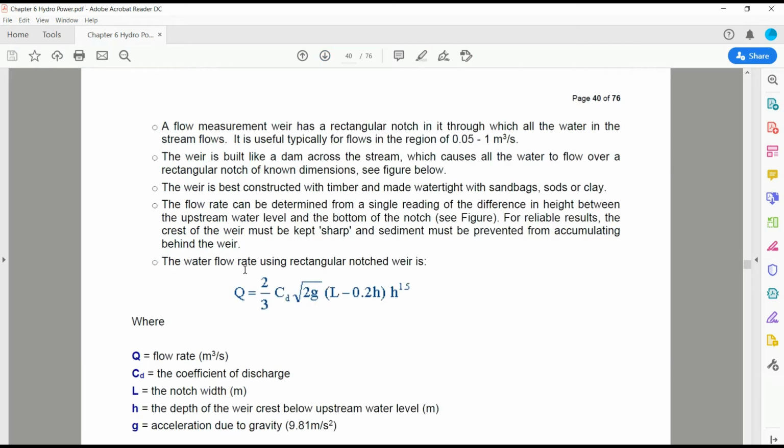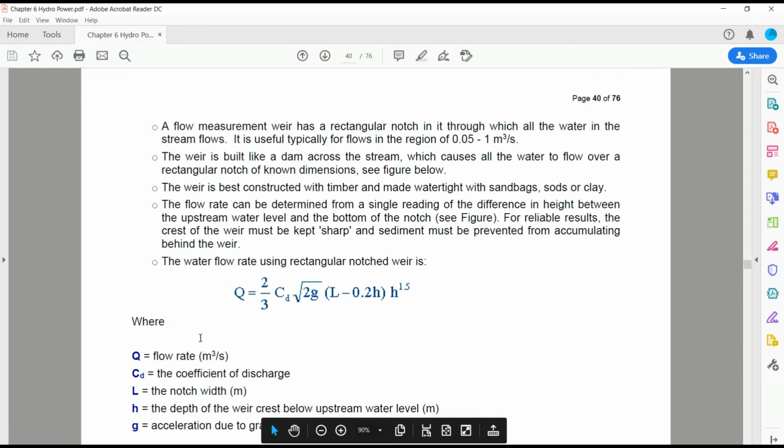So the water flow rate using a rectangular notch weir is Q equals 2/3 CD, where CD is the coefficient of discharge, times the square root of 2 multiplied by g.